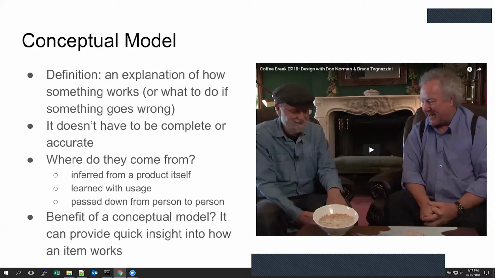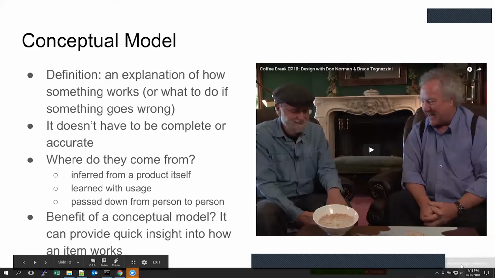Basically, a conceptual model is an intuitive layout or arrangement of an object and how it's designed, and how well we apply our past experiences to that particular object. If we can design for that conceptual model, we're going to have a better chance of designing so more people understand it intuitively. So I'm going to play this and hopefully everything works as planned. Oops, sorry.